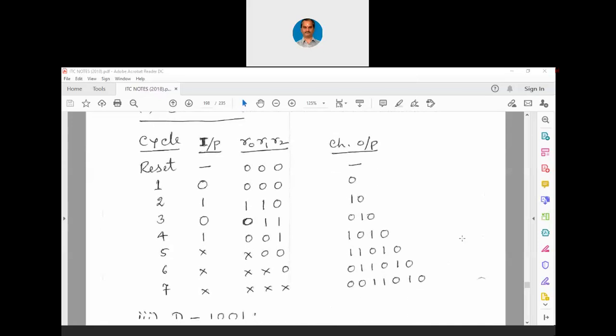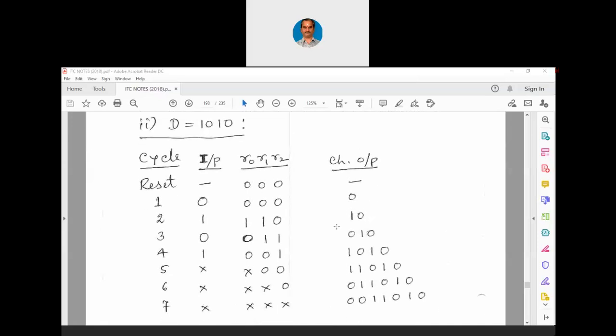For the next example, next set is 110. In the third clock cycle it is 011. The fourth clock cycle proceeds in the same manner, it is 001. Afterwards anyhow other inputs are don't care. I suggest you manually work out all these things by taking that particular picture in front of you. Otherwise, I am only showing my tabulations.